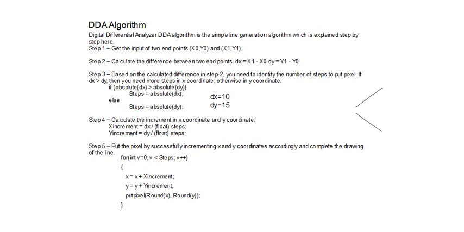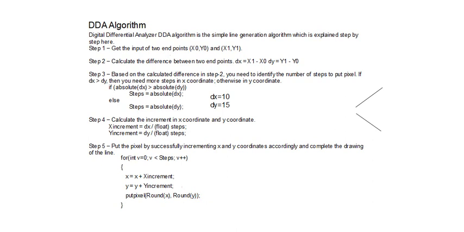We have an increment counter, that is v equal to 0, v less than steps, until we reach the steps, v plus plus, so v will be increased. So x will be x plus increment, y will be y plus increment. And then we will put that pixel or display that pixel on the screen.